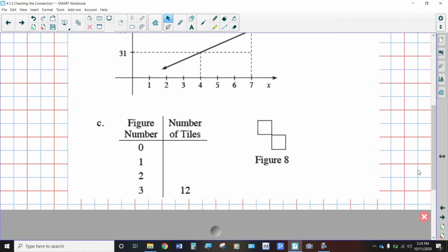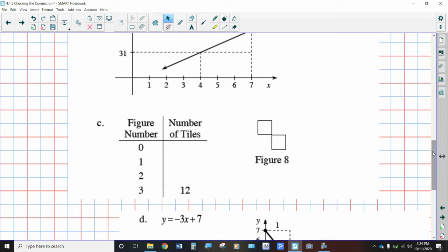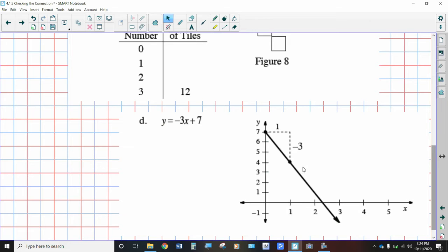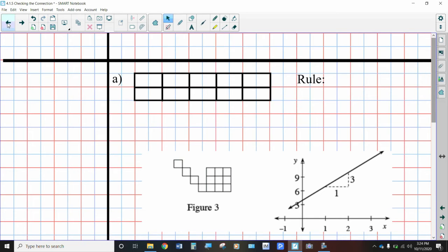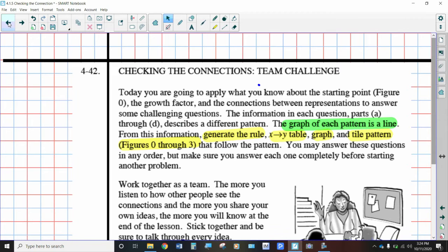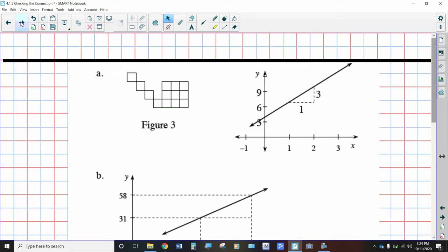Is there anything else going on here? Yes, there is D. Here we've got a rule and a graph, and so we'll have to create a table and a tile figure for this. Part of me wants to just skip the tile figures and just do the graph, table, and rule, but we'll see how this works out.